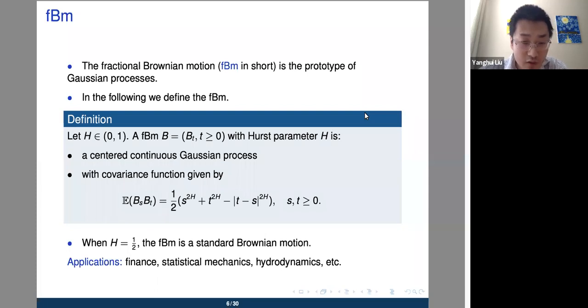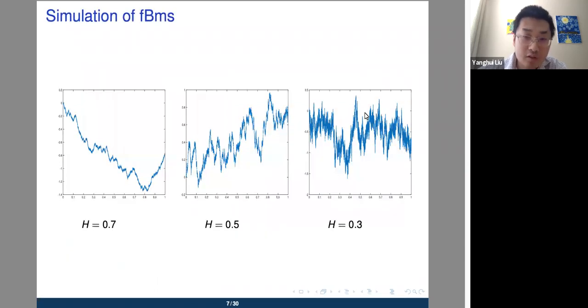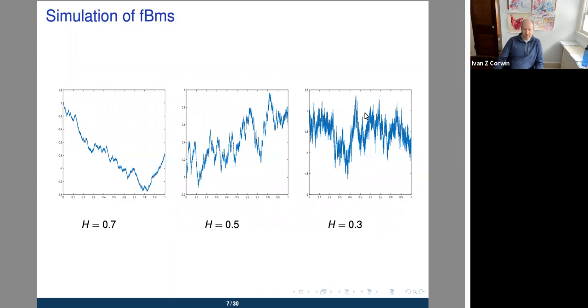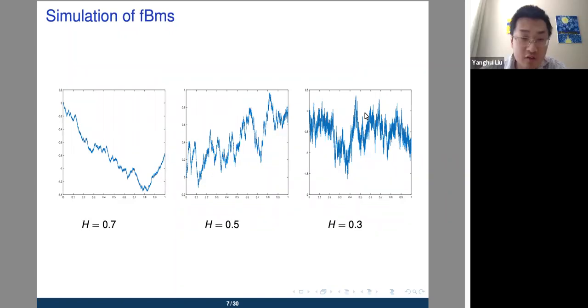There are some important applications of fractional Brownian motion recently in finance, statistical mechanics, and also hydrodynamics. Here are some simulations of the fractional Brownian motion.